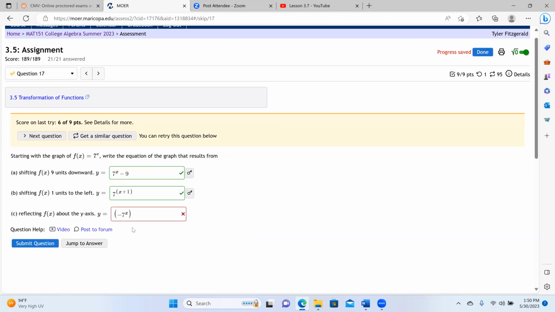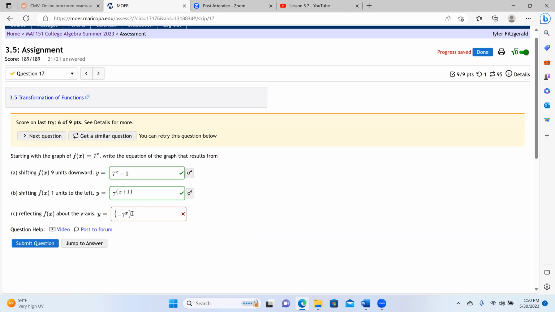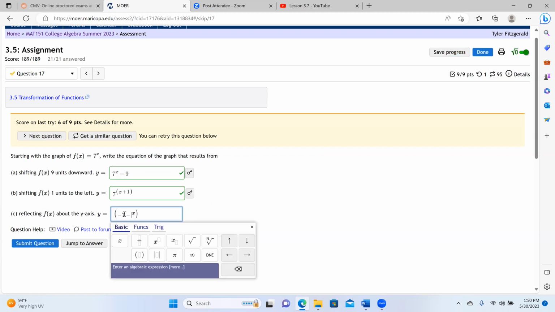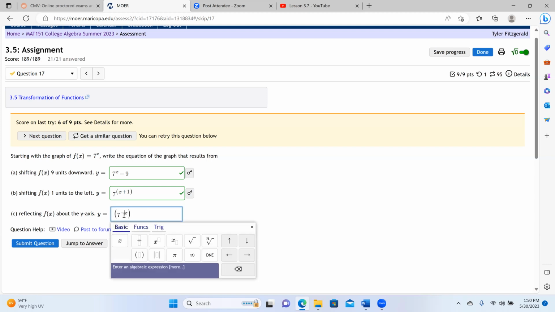Oh, I got that wrong. Oh, the y-axis. Sorry, I misread what it said. It is in the exponent. So it would be -x basically. Like that. There you go. That would be a flip over the y-axis. And then if it was the x-axis, then it'd be the other way. Gotcha.